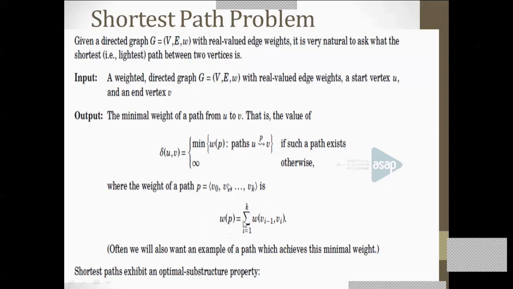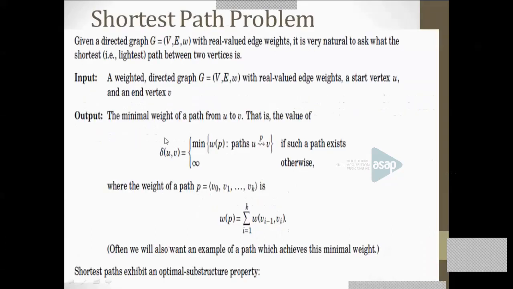W of P, the weight of the path P, is the summation of the weights of each edge involved, that is V(i-1) to Vi, where i varies from 1 to k. And this path is going to be the minimal path. I hope you understood that this is an optimization problem, the shortest path problem.